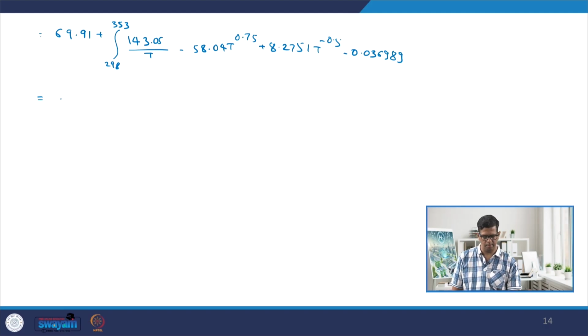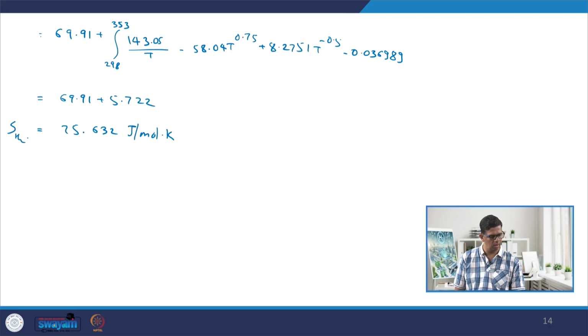So if we solve this up, it comes 69.91 plus 5.722. So that comes close to 75.632 joules per mole per Kelvin. So this is entropy of water. Now that we know the entropies of individual species, let us find out the entropy of the entire reaction. So what is our reaction?